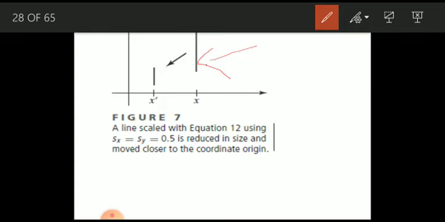This is very evident from the figure itself. So what I'm doing is taking a line and reducing its size in both directions, that is in the x as well as the y direction. You can see the resulting line is smaller in size and has moved a bit closer to the coordinate origin.